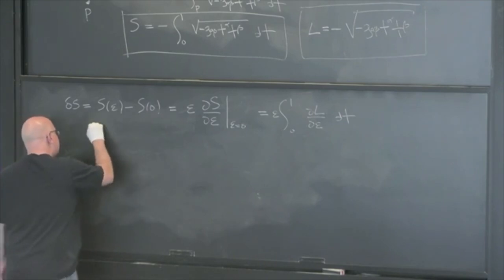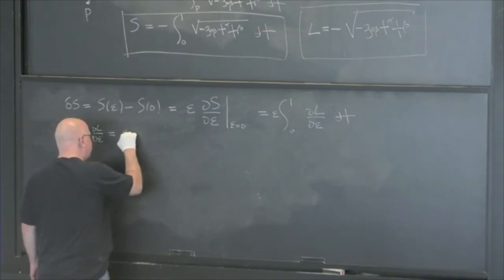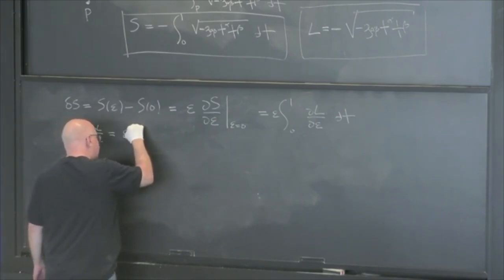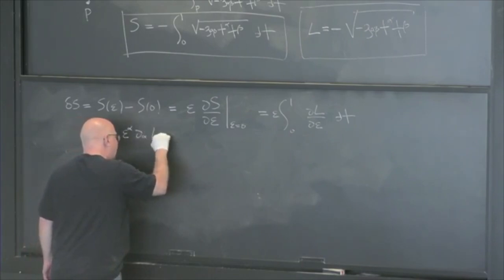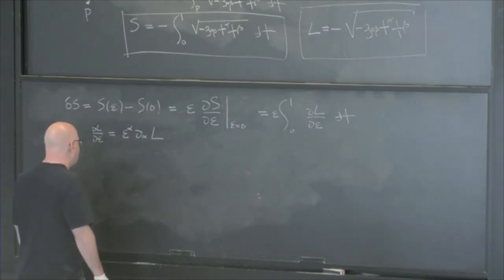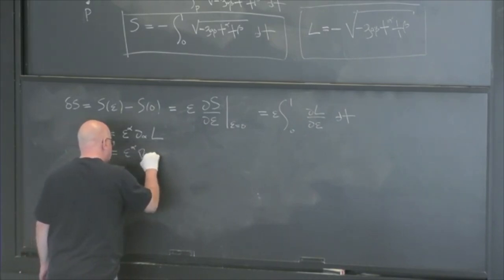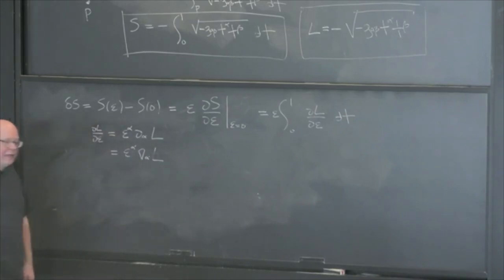So what does it mean to take an epsilon derivative of L? Well, that means, as it meant before, that we're going to be calculating a derivative in the direction of the vector epsilon. So I'm going to interpret it like this, because that's what it is. I can write it in terms of a partial derivative, or I can write it in terms of a covariant derivative, because L is a scalar, it makes no difference.